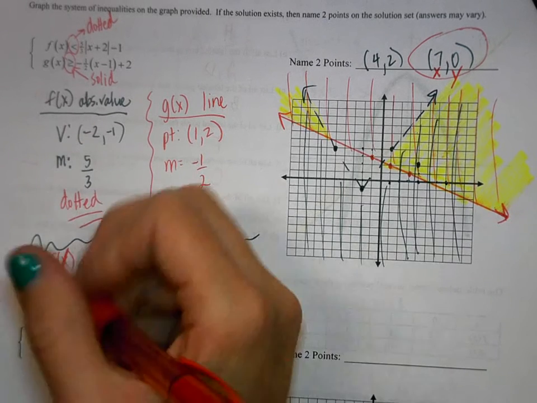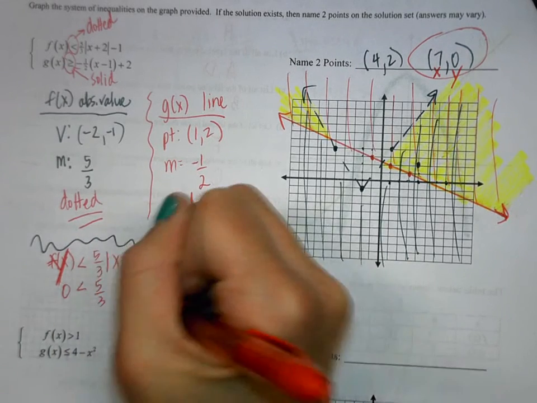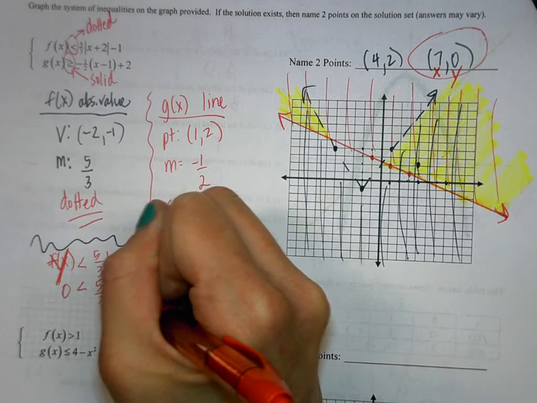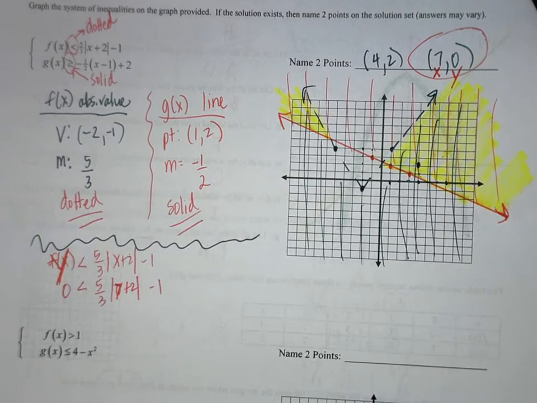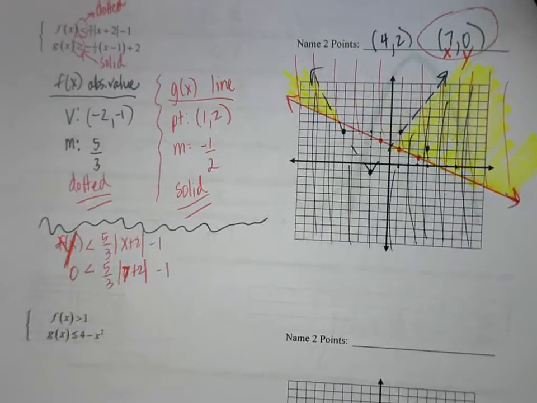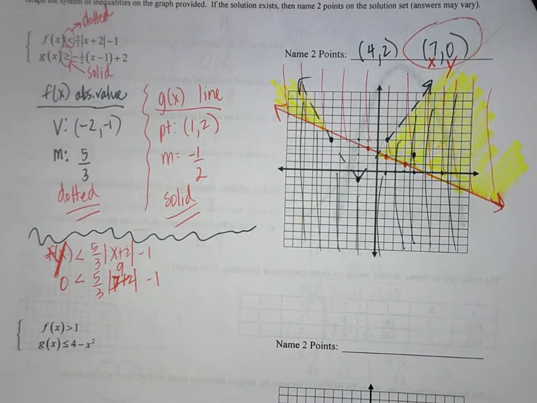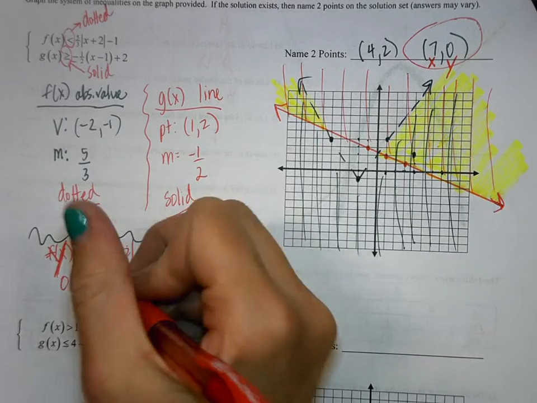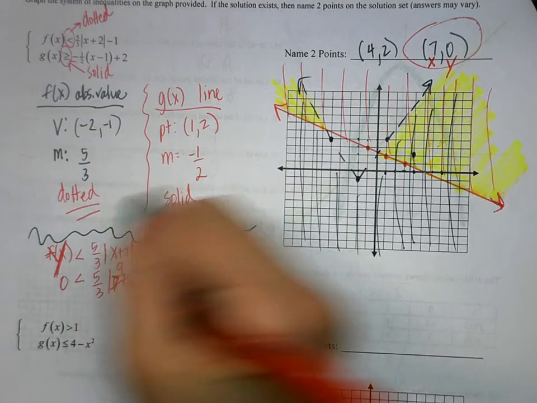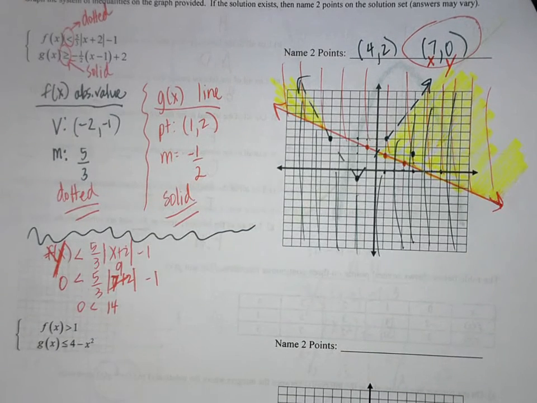So for this equation, I'd have 0 is less than 5/3 absolute value of 7 plus 2 minus 1. What is 7 plus 2? 9. Absolute value is 9. And then we multiply, and we end up getting 15 minus 1, right? Which is 14. Is 0 less than 14?